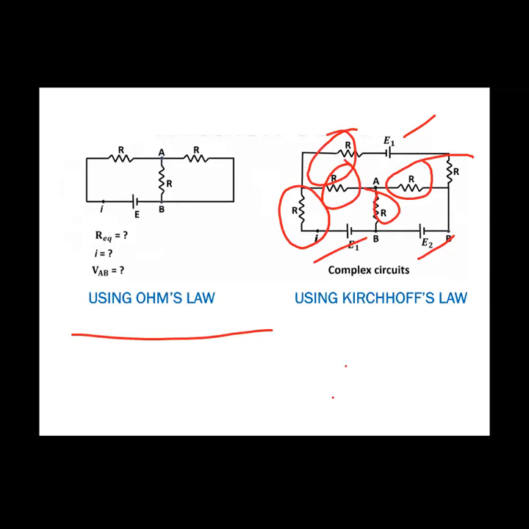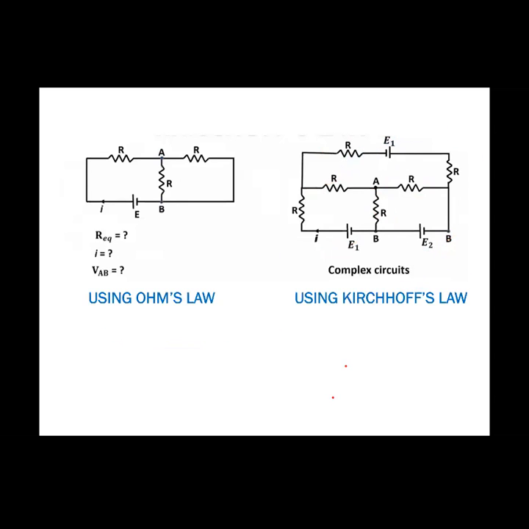So children, this is your very complex circuit. This you cannot solve with the help of Ohm's law, right? So you need to have an idea of Kirchhoff's law under this condition. Let's start with Kirchhoff's law.